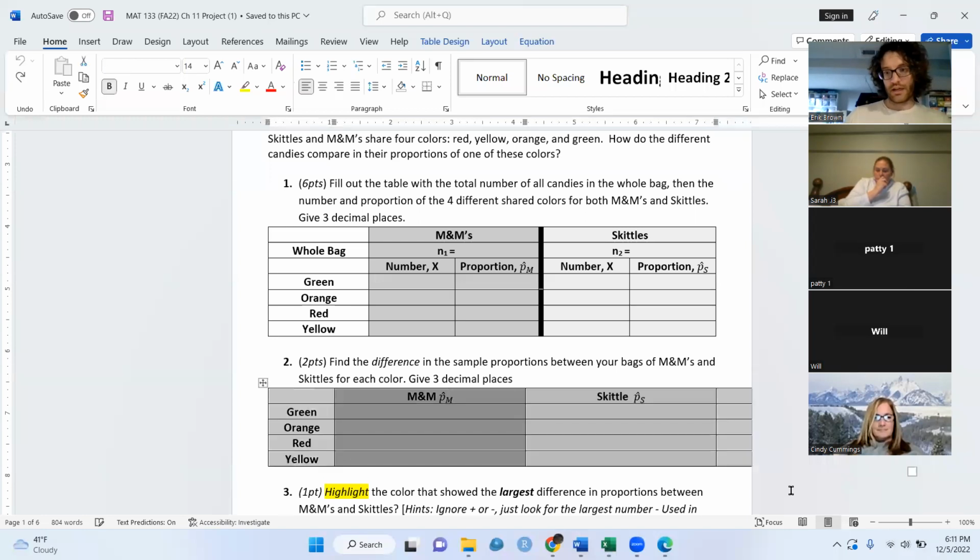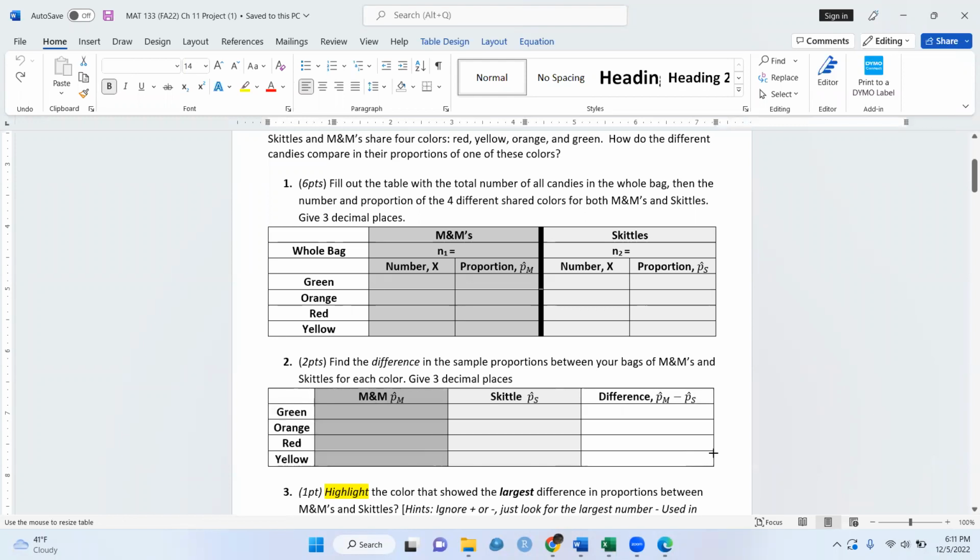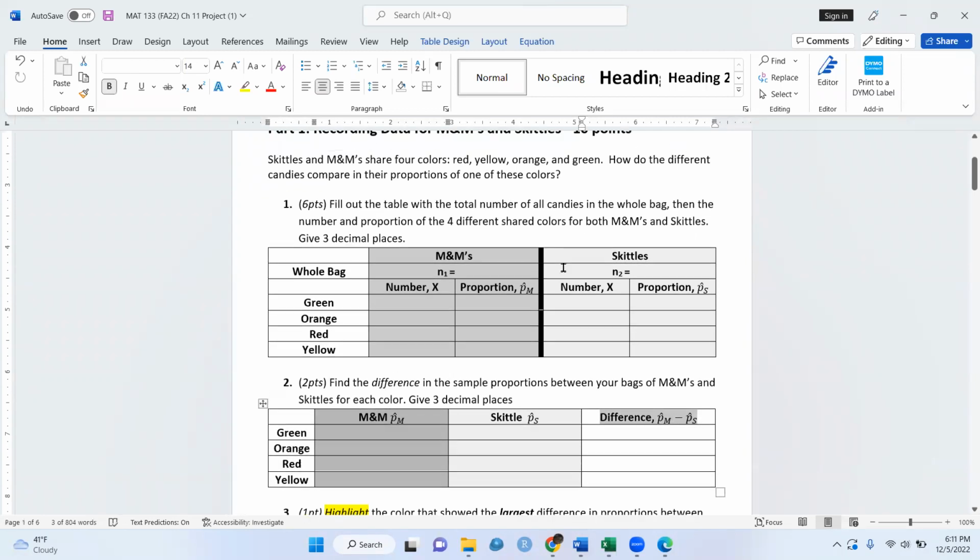So you see how I could see this corner over here. I just dragged it in so you could write it. And really all that matters is this difference. So what you're going to do is take 4 of the colors from your 2 bags, just these 4 colors. I think they're the only ones they share. I could be wrong. But note you're going to use your sample sizes, so the entire bag, even though we're only talking about 4 of the 8 colors or however many are in the bag.